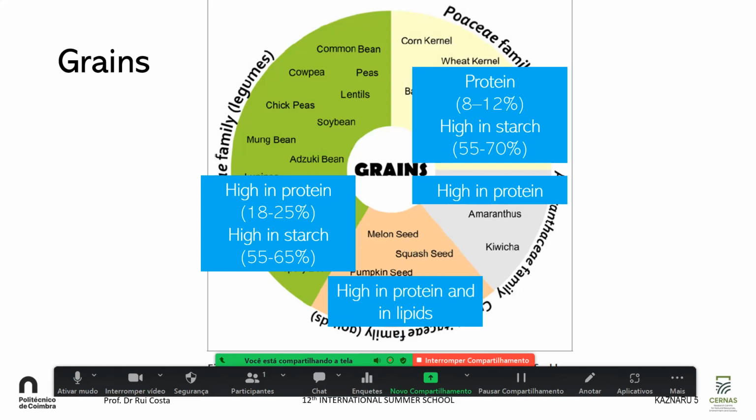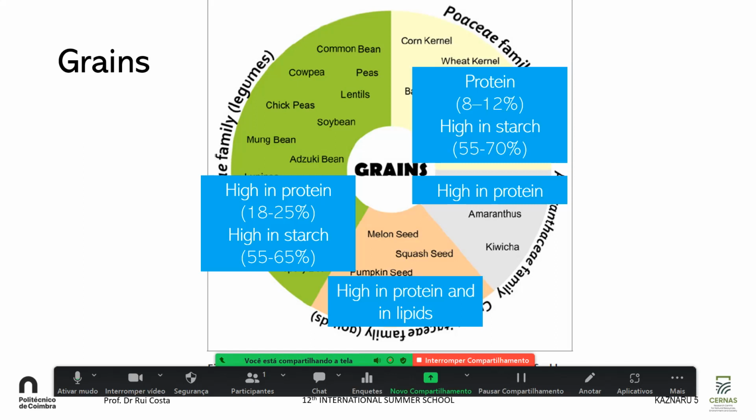They are high in protein, around 18 to 25%, and in starch also 55 to 65%. Notice that these are intervals, and in some scientific reports you will find slightly different intervals for these contents.